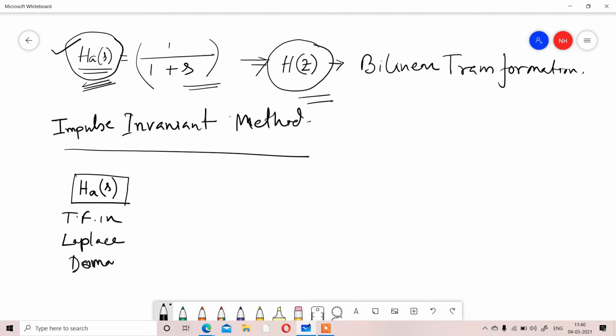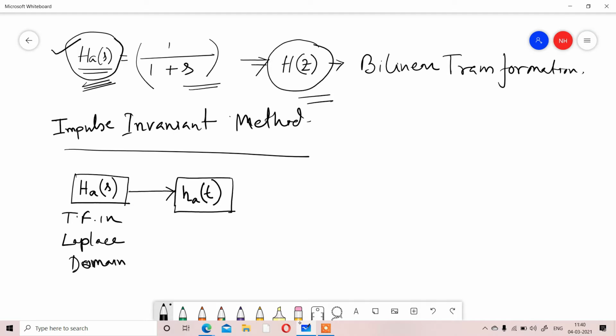The first step in the impulse invariant method is that you have to convert H_a(s), the transfer function in the Laplace domain, into h_a(t), that means in the time domain.